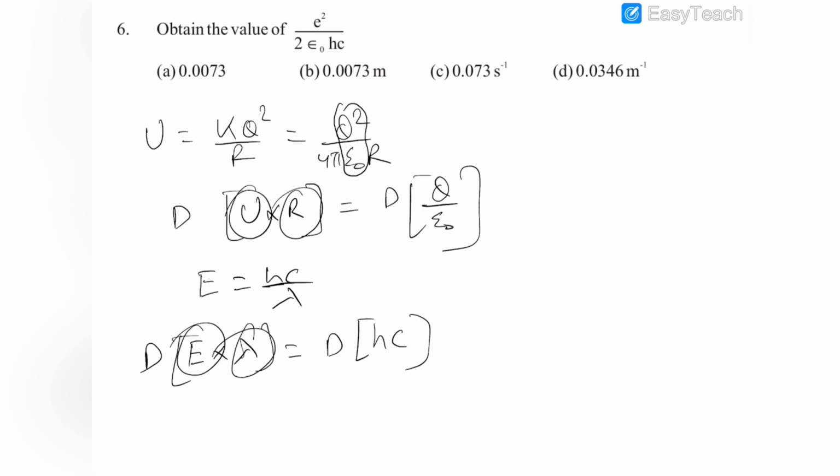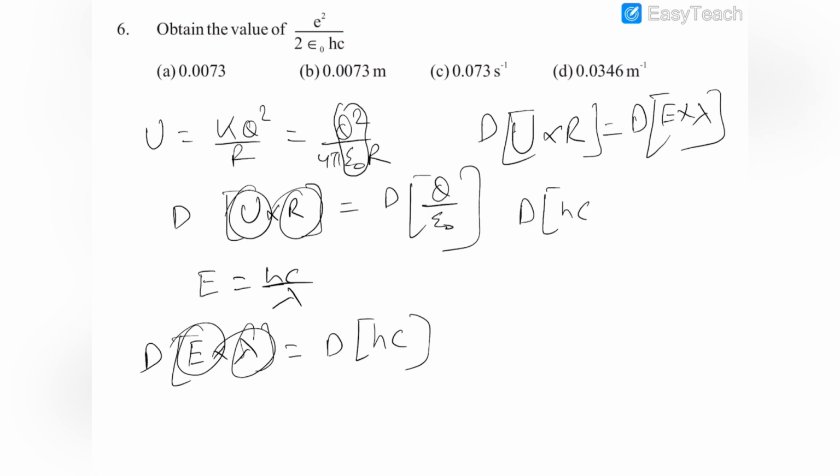So the dimensions of U into r are equal to the dimensions of E into lambda. Therefore we can say that the dimensions of hc are equal to the dimensions of q square by epsilon naught. So this quantity is dimensionless, and therefore the correct answer to this question will be option number A. Now we move on to the next question.